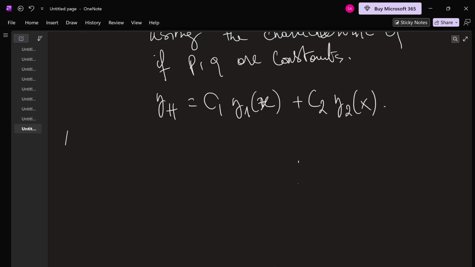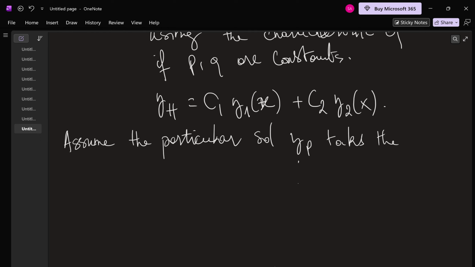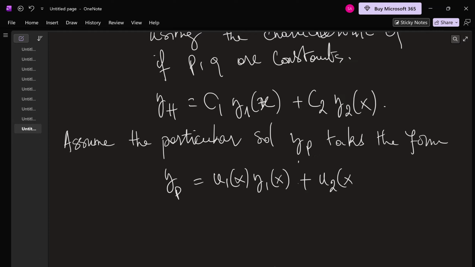So assume the particular solution yp takes the form yp is equal to some function u1 of x times y1 of x plus u2 of x times y2 of x.